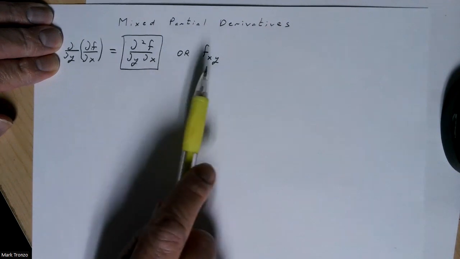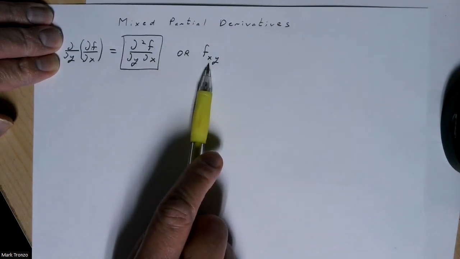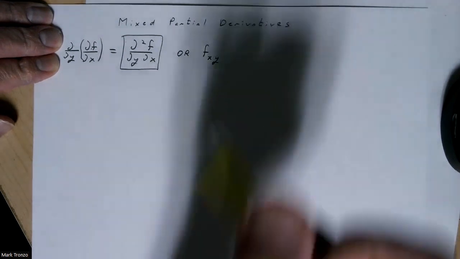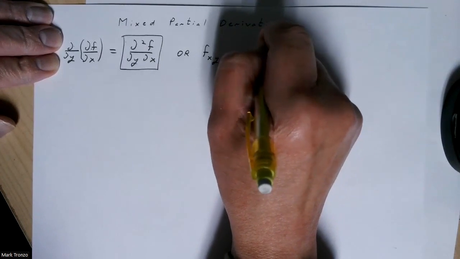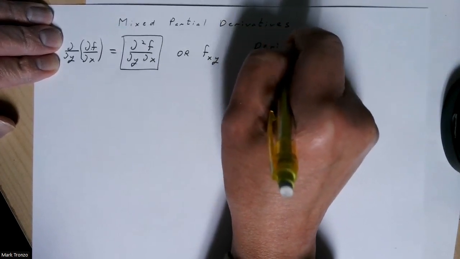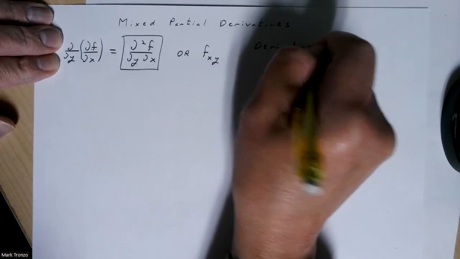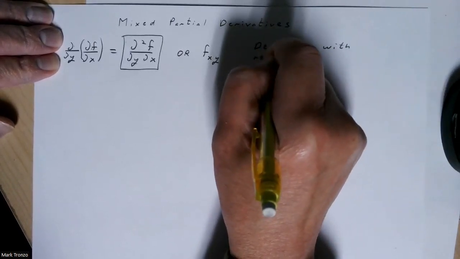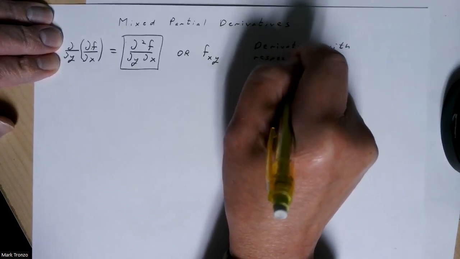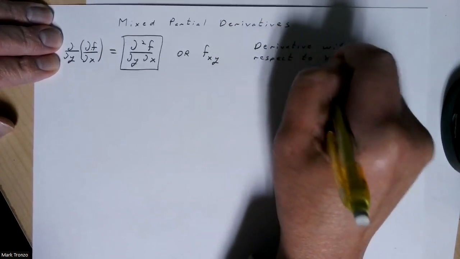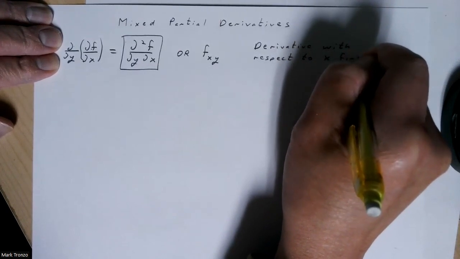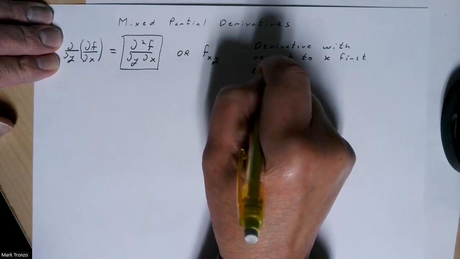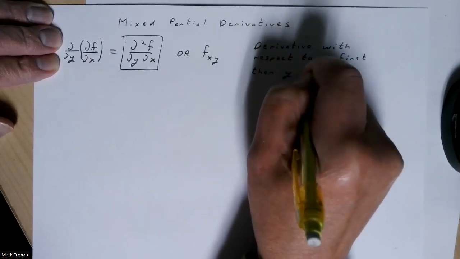When we use this notation, we have it in the direct order, derivative with respect to x first and y second. Let me write that down. Derivative with respect to x first then y second.